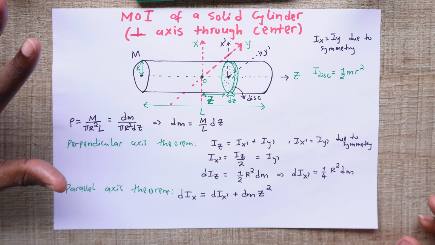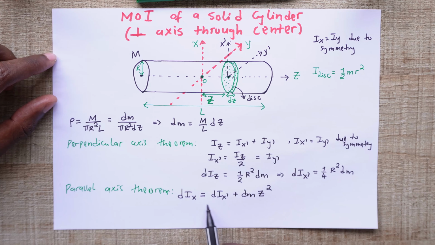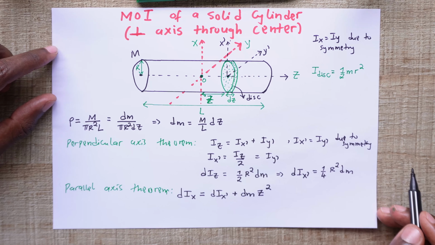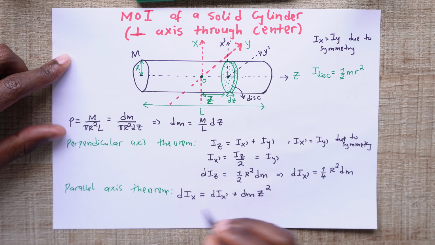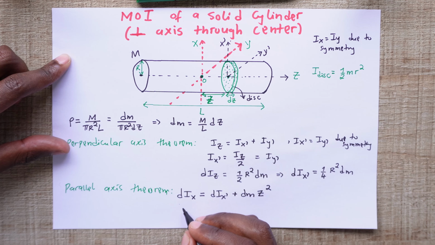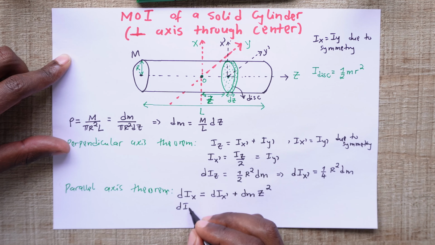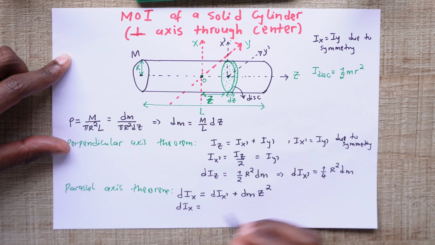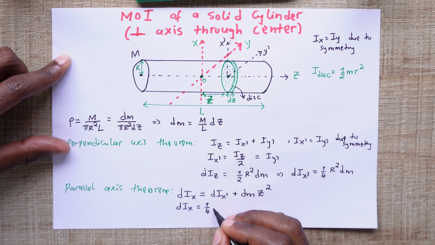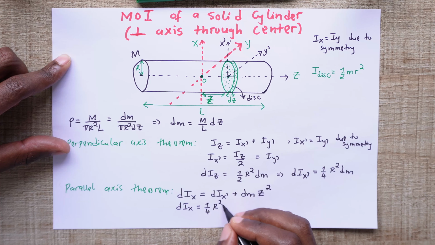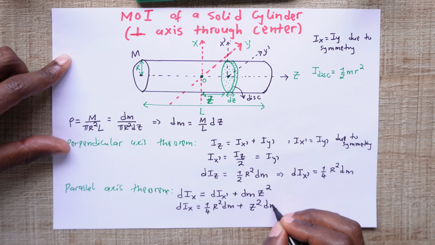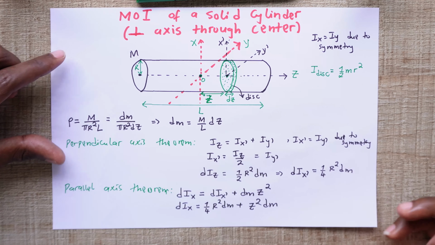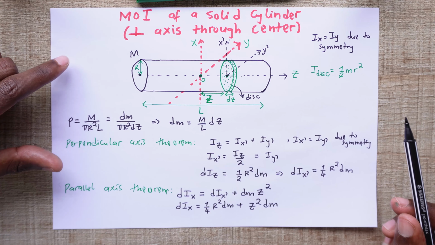Hope this is clear and that you can clearly see that this is the application of the parallel axis theorem. So we can write it in a more explicit way. That means that dIx actually is this quantity, 1/4 r squared dm plus z squared dm. Hope that's really clear.